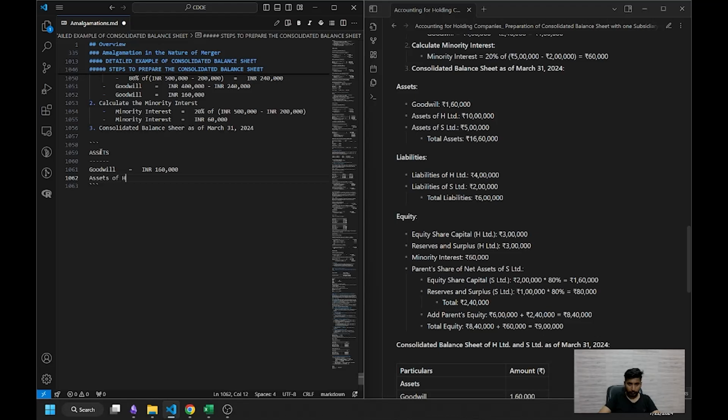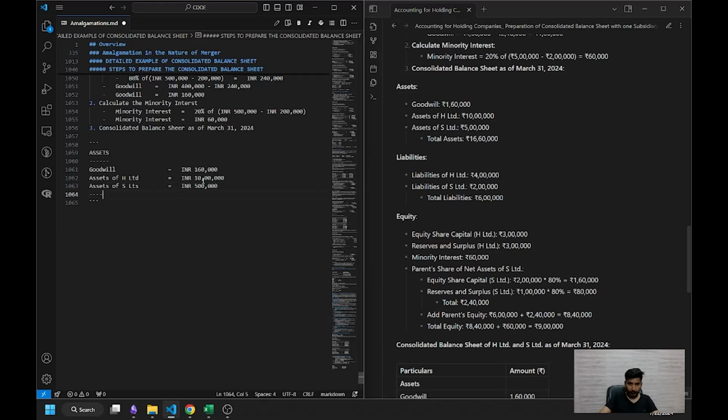Then we have assets of H Limited, that is rupees 10 lakhs. And then we have the assets of S Limited, that is rupees 5 lakhs.